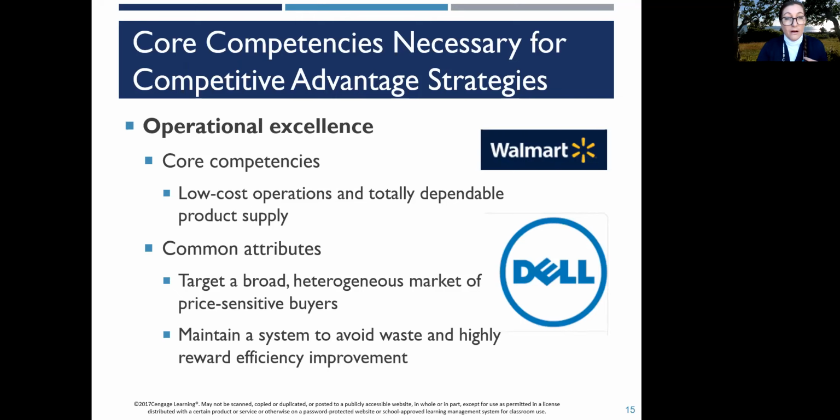Okay, now operational excellence is all about a low-cost advantage, and examples here that we can readily identify in the marketplace are Walmart and Dell. So that low price, good value offer from Walmart is their competitive advantage, right?